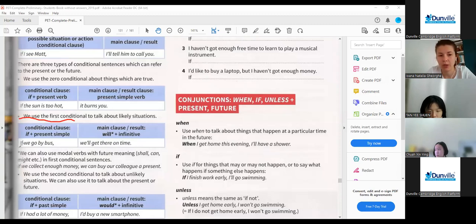For example, if we go by bus, we'll go there on time. So present tense, future tense. And in this situation, you can also use modal verbs with a future meaning. So instead of we will get there, we shall get there, we can get there, we might get there. For example, if we collect enough money, we can buy our colleague a present.